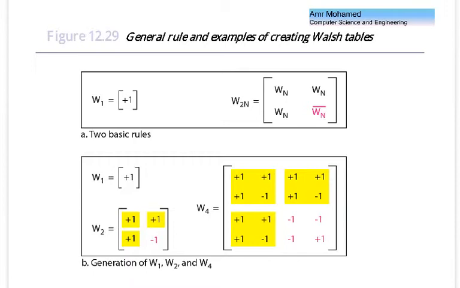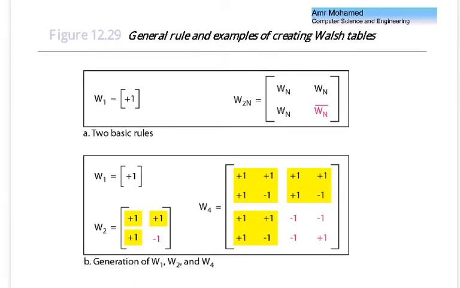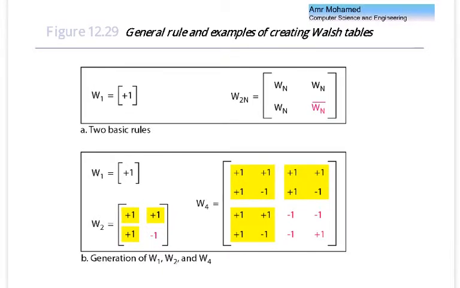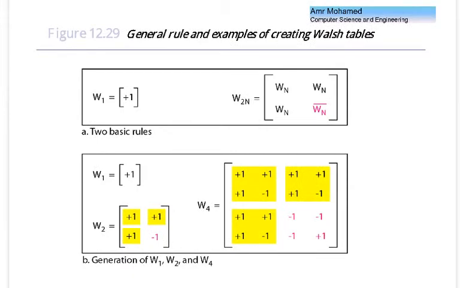So he said that first you can calculate the Walsh table of length 1. So let's say that we have, for example, 4 stations. For 4 stations, you need to calculate W4. W4 is a matrix of size 4 by 4.